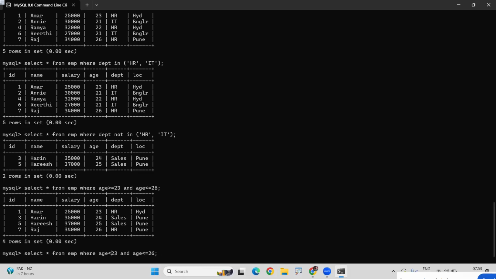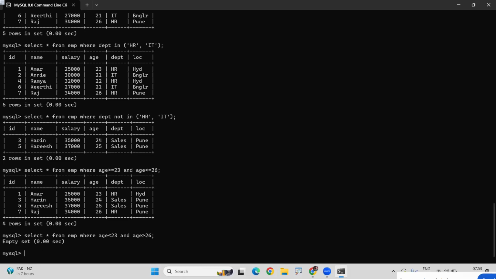What will you do? Age less than 23, age greater than 26. Sir, why is it not coming? Why? At a time, age less than 23 and greater than 26, how does it happen? Look at this. If age is 24, 24 is greater than or equal to 23, yes. 24 is less than or equal to 26, yes.